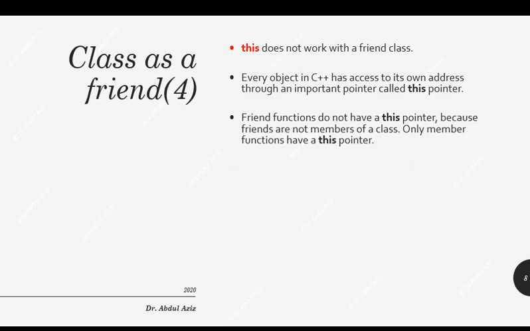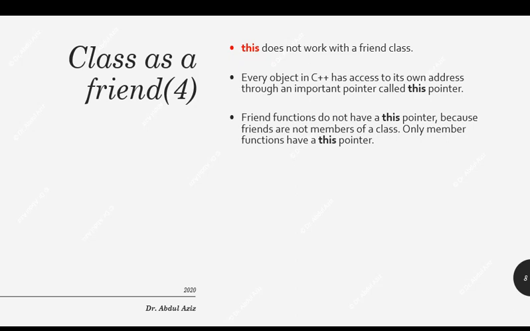Rule number 4. The this keyword does not work with friend. As we know, this always refers to the current object, the current class. Therefore, the data and functions which are members of the class can be accessed using the this operator.